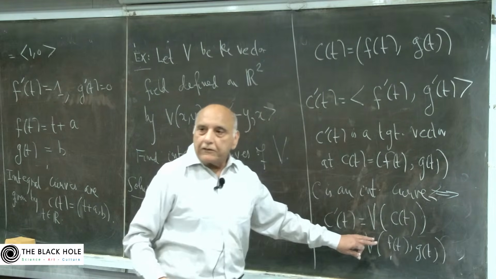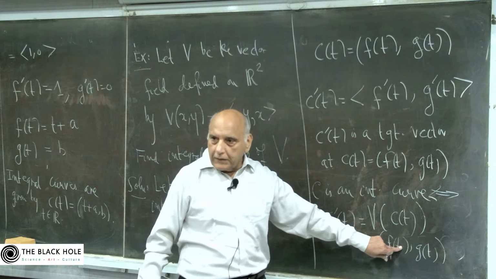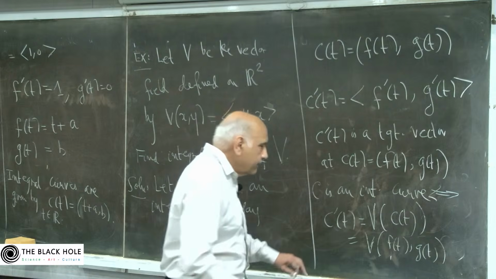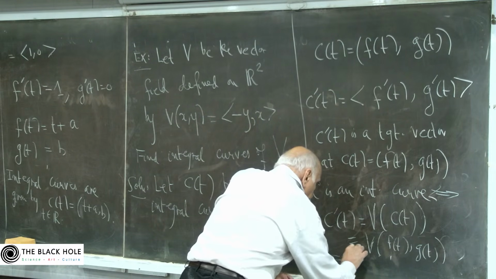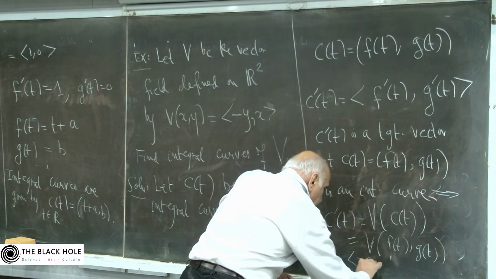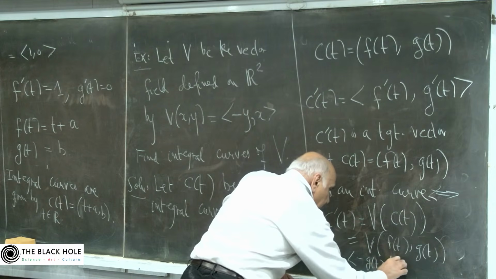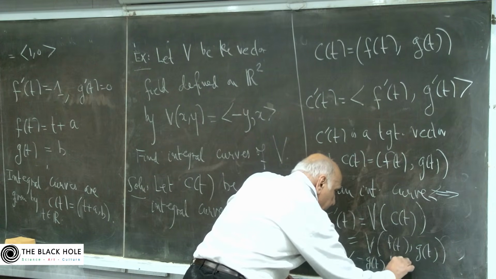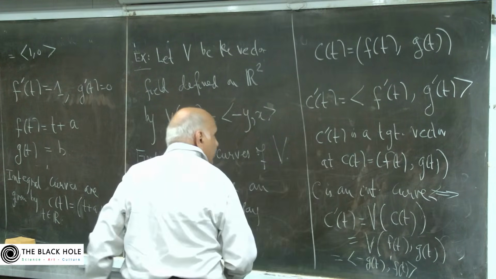So V at any point (x, y) is (-y, x). So it would be (-g(t), f(t)). So what is the differential equation?